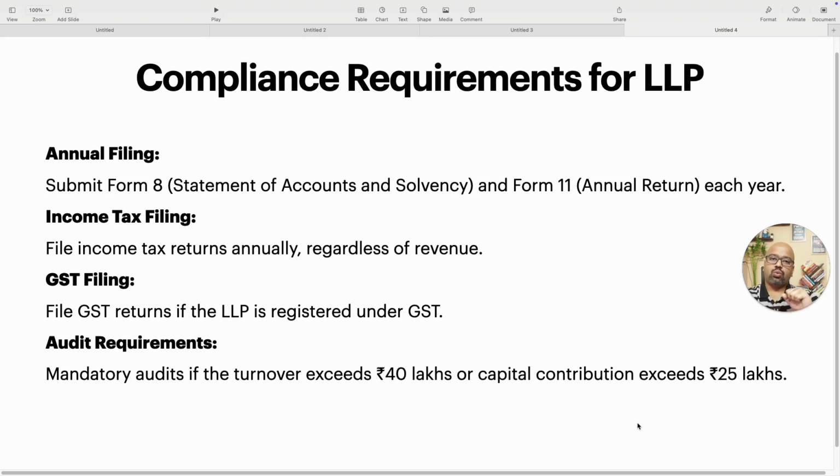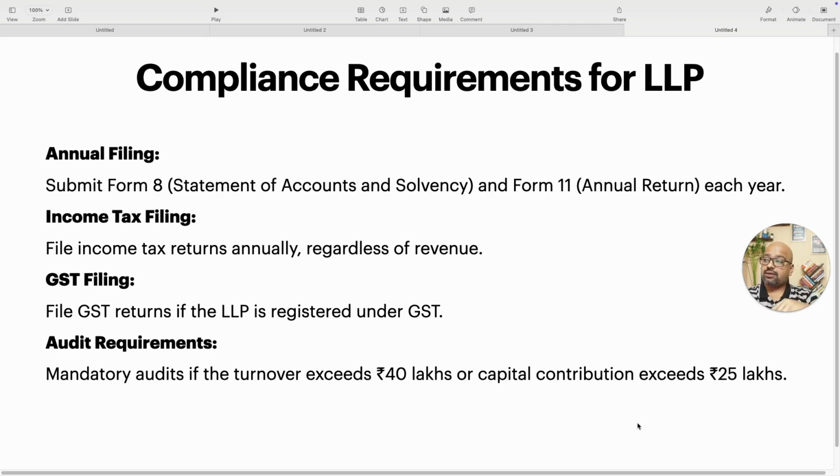Then what are the compliances that will be added on compared to GST or partnership? In proprietorship, we had only GST compliances. In partnership, it was only the partnership deed. But when it comes to this, we have to submit annually Form 8 or Form 11, depending on which one is required for you, and your CA will advise.